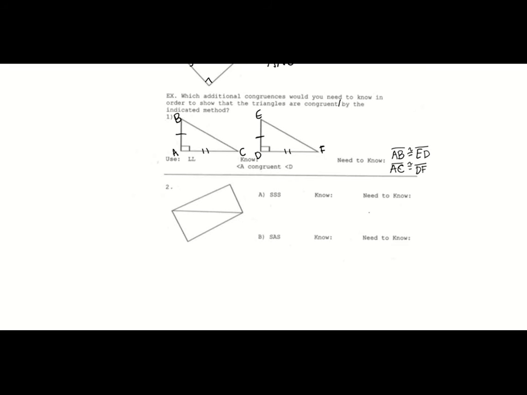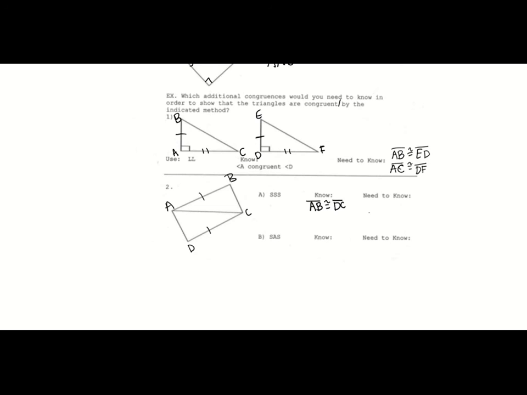For number 2, if I want to use side angle side, and I'm given that these two sides here are congruent, I'm going to label this as A, B, C, and D. Okay, so I know that AB is congruent to DC.